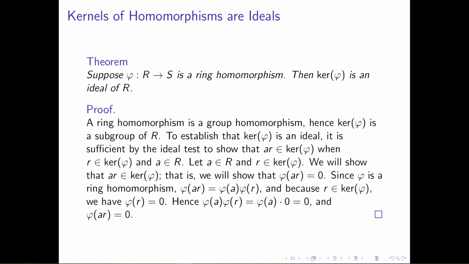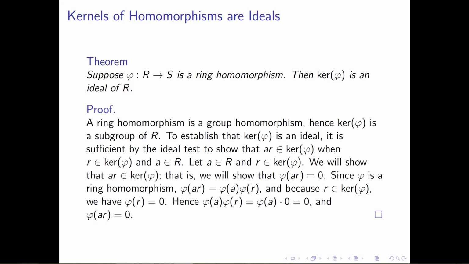So we're going to check that three things hold about the kernel of phi. We're going to check that it's non-empty, that it's closed under subtraction, and that it's closed under multiplication by an arbitrary element of the ring R, not just amongst itself.